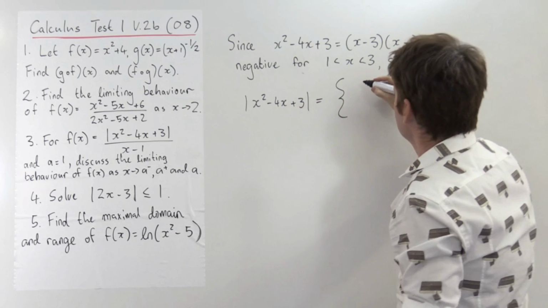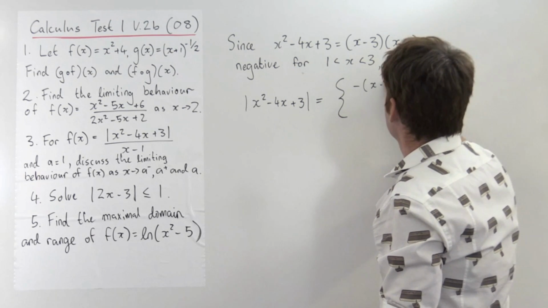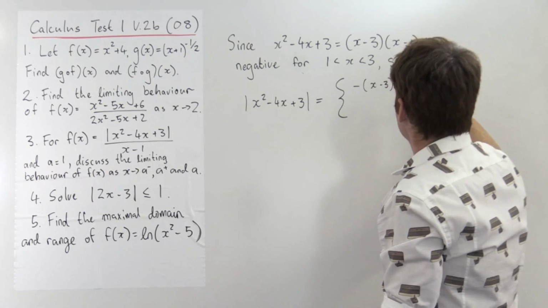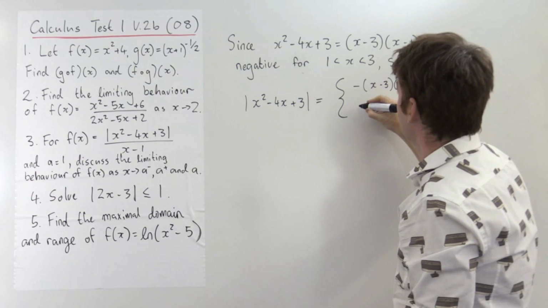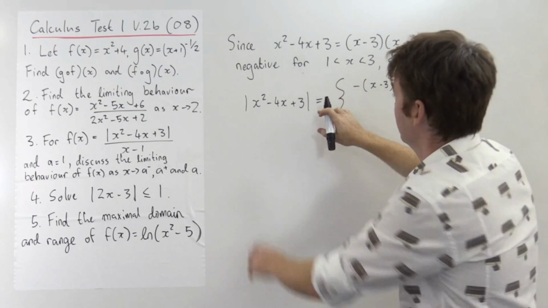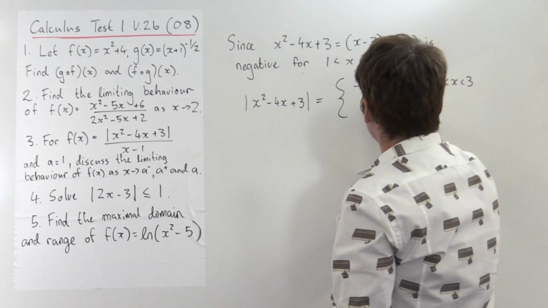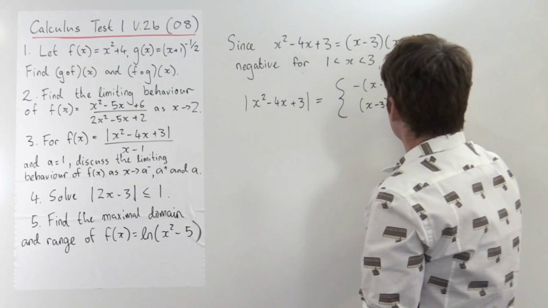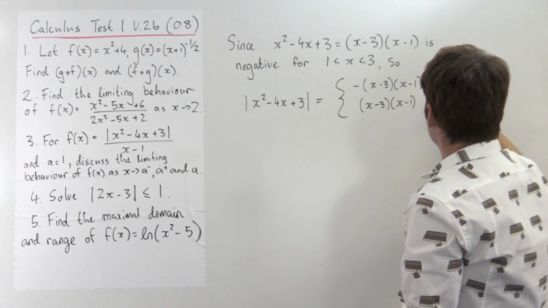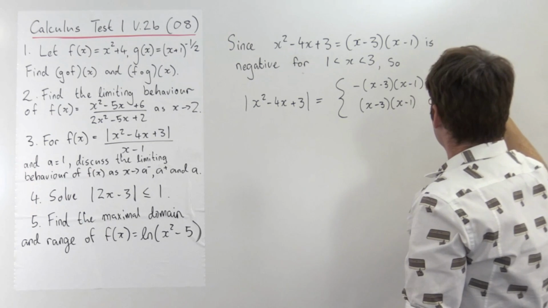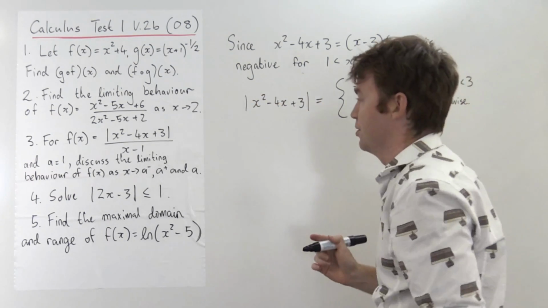I'll say this thing is either equal to negative the polynomial inside, and if x is outside this range, then the function's already positive and the absolute values just drop off. Good, so this is the function absolute value of that polynomial.